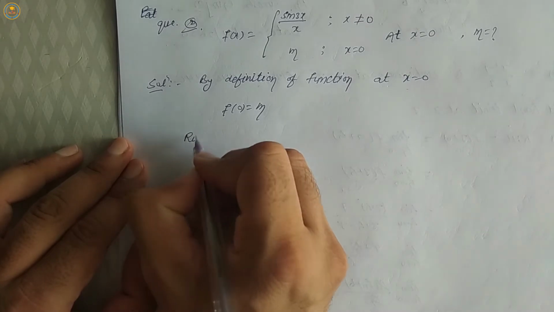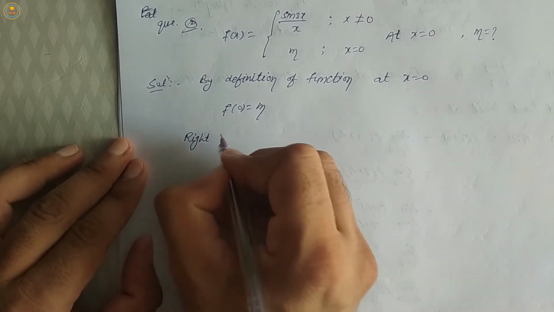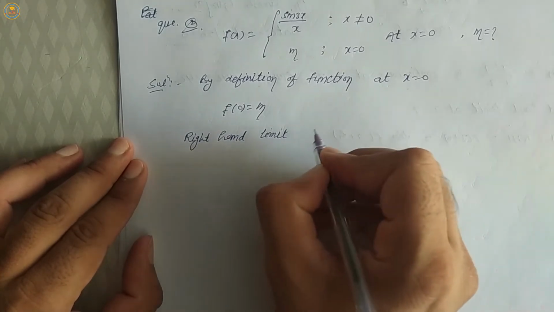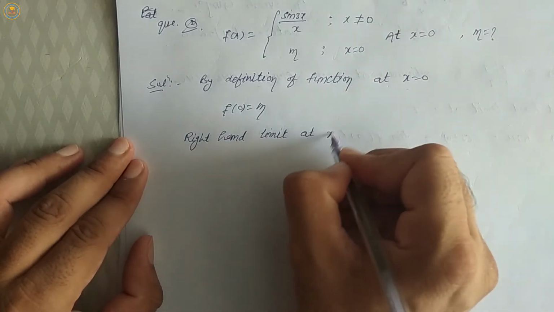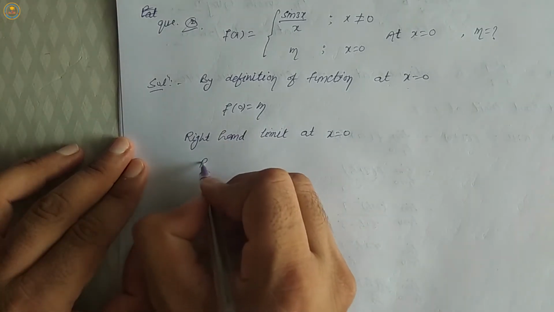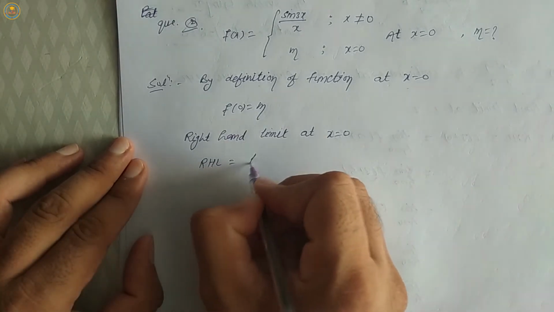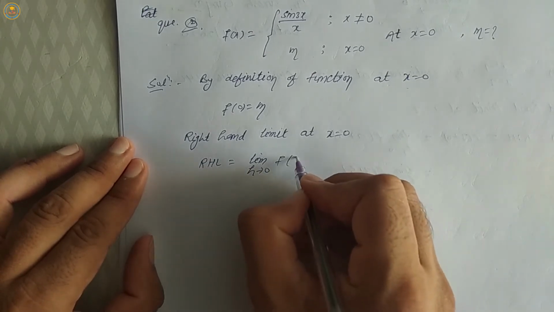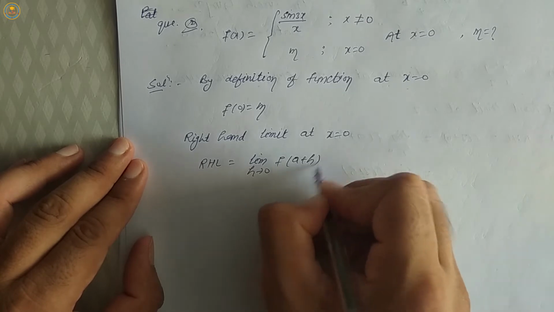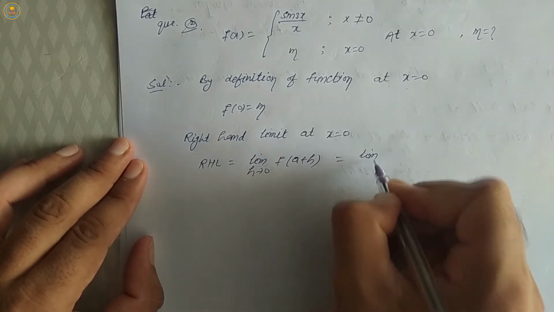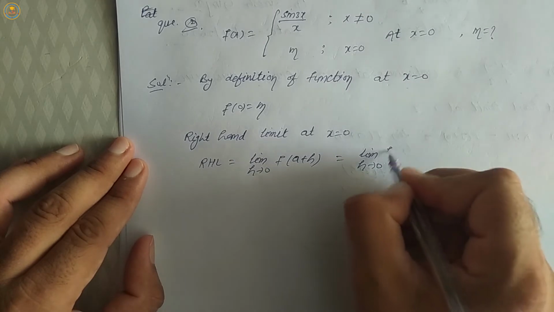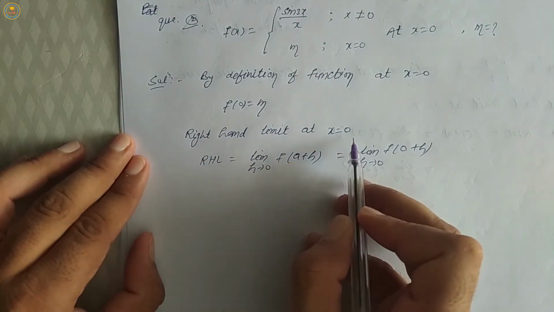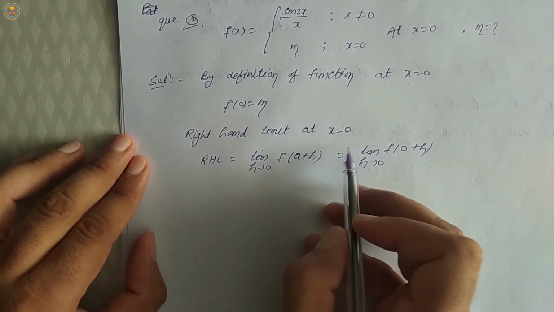Right hand limit at x = 0. RHL is equal to limit h tends to 0 f(a+h), equal to limit h tends to 0 f(0+h). x = 0, it means a = 0.